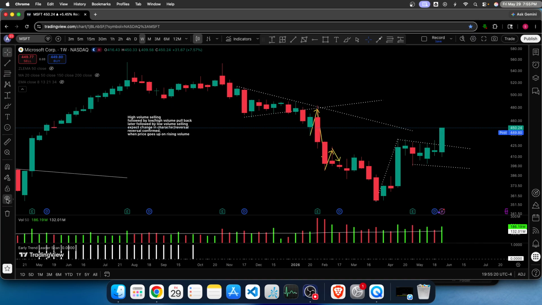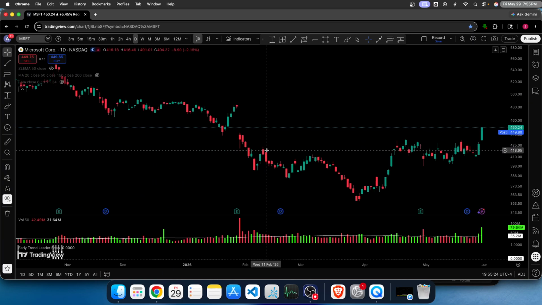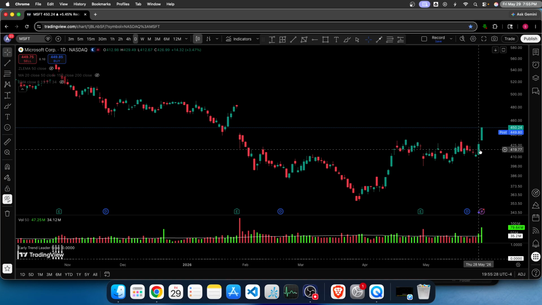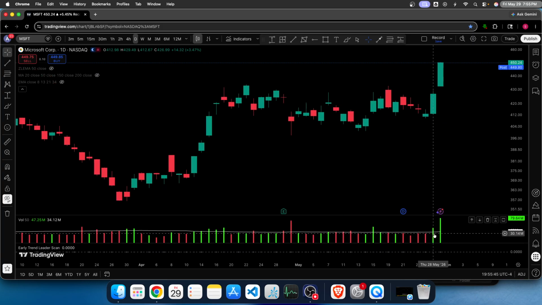So let's go back to the daily and see how the chart looks on the daily side. We can see there has been this consolidation for more than a month, a month and a half. And yesterday, this bar showed us that it wants to go much higher with a decent pickup in volume.